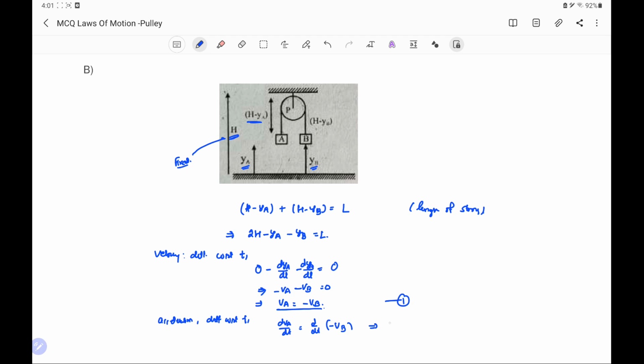So this implies that AA, this is the acceleration of block A, equals minus, which can be taken out of the differential, dVB by dt, this is the acceleration of block B. It gives acceleration of block A equal to acceleration of block B in terms of magnitude because they are connected to the same string, but directions are different. If one of the bodies accelerates in the upward direction, then the other body will accelerate in the downward direction.